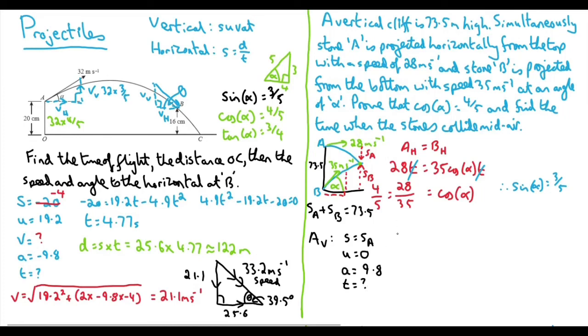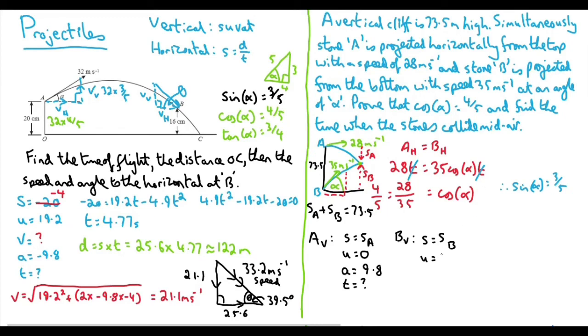As for B, its vertical motion starts with the displacement, which is just going to be your SB. For your U, that's going to be this vertical component of the initial speed. So that'll be 35 times the sine of alpha, which we already identified is 3/5.